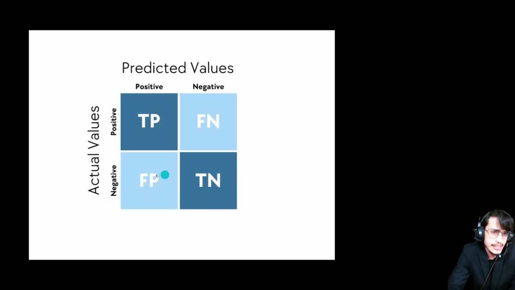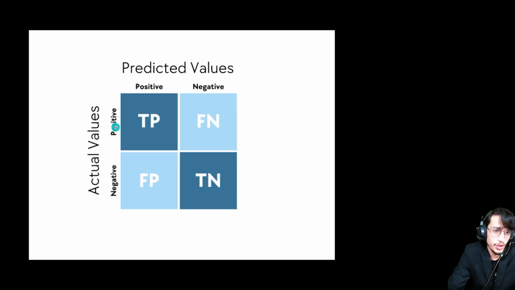So let's start. The table which you are seeing here is the confusion matrix. In this table we write the actual values, positive actual value and negative actual value, and the predictive values, positive predictive value and negative predictive value. If our actual value is positive and our predictive value is positive, then this is true positive, the actual positive part.